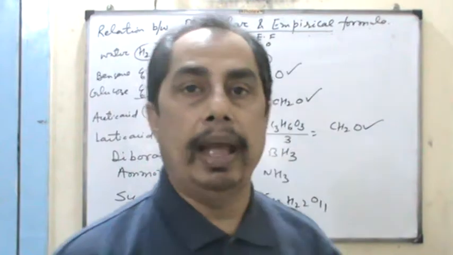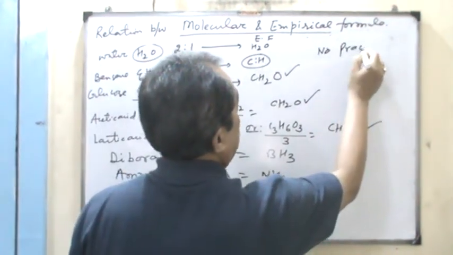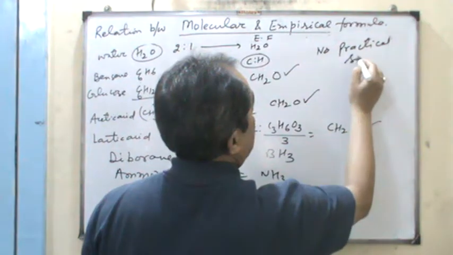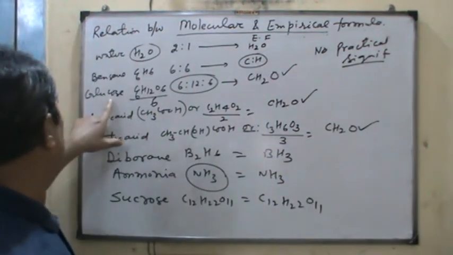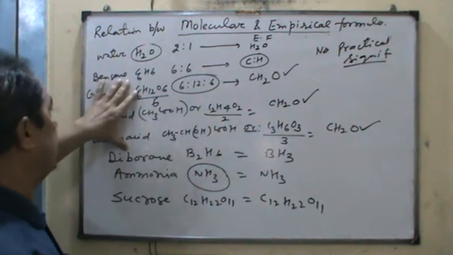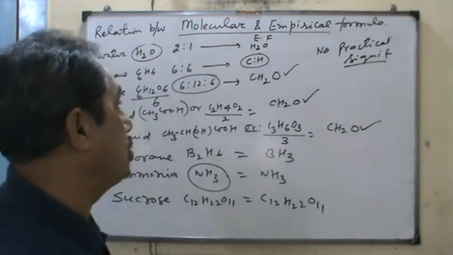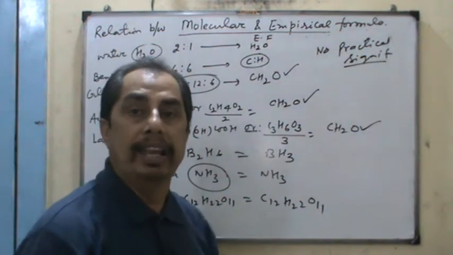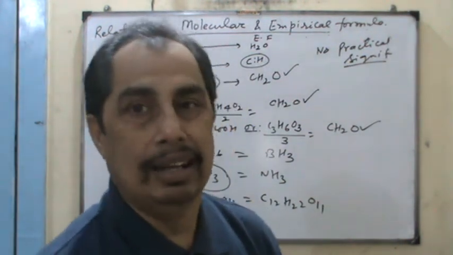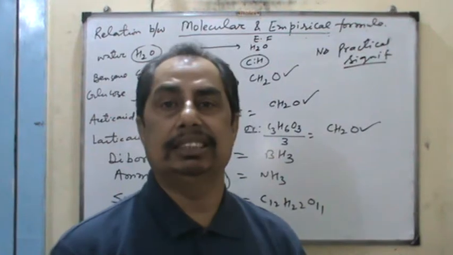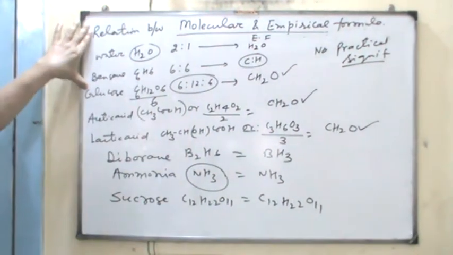As such, empirical formula has no practical significance. Few compounds like glucose, acetic acid, lactic acid have different molecular formulas, but they have the same empirical formula. That is why practically it is insignificant. Generally we talk in class about the molecular formula. So I hope it is clear to everyone.